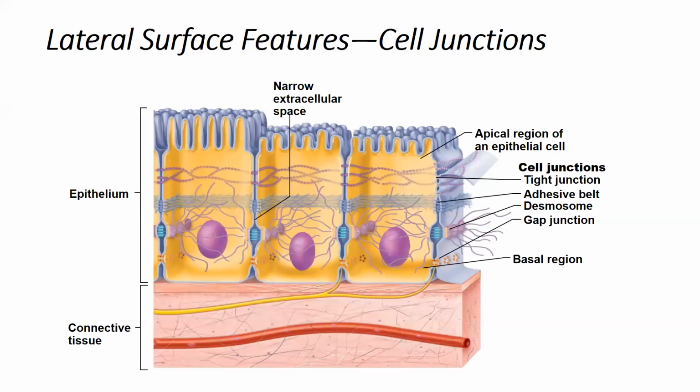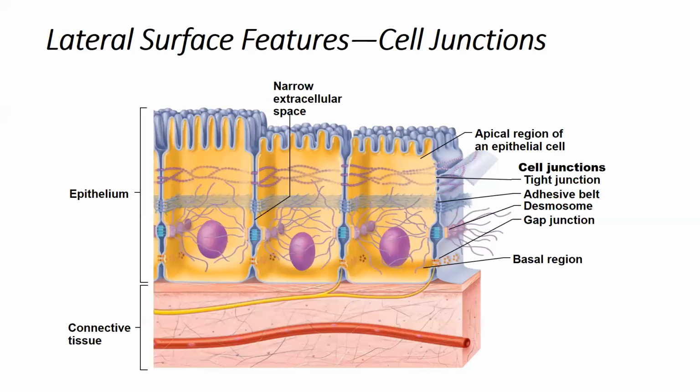That gives the epithelium some integrity against stretch. So if you try to stretch this epithelium, it's not going to go anywhere because of the desmosomes. So these two are essentially keeping everything in place. This is preventing movement of molecules in between. This is providing a tight seal.